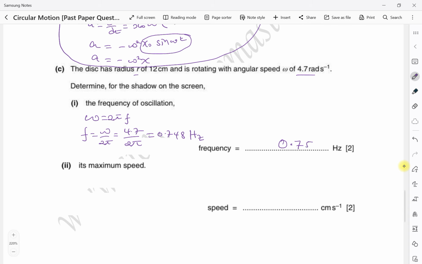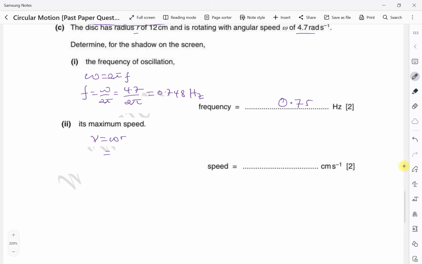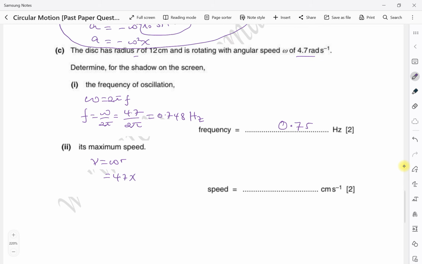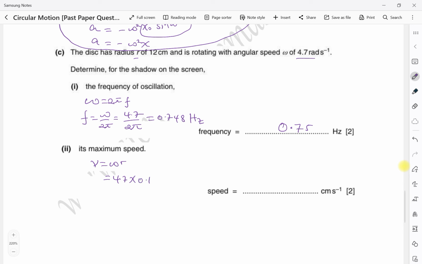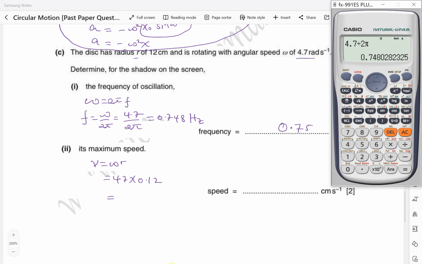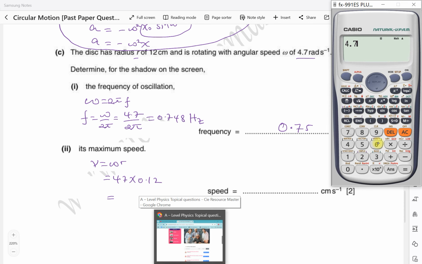Then the maximum speed. Of course, we know that speed equals omega times r. Omega is given as 4.7, then times the radius, 12 centimeters, which is 0.12 meters.